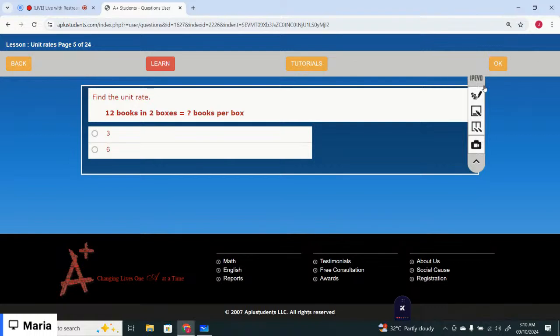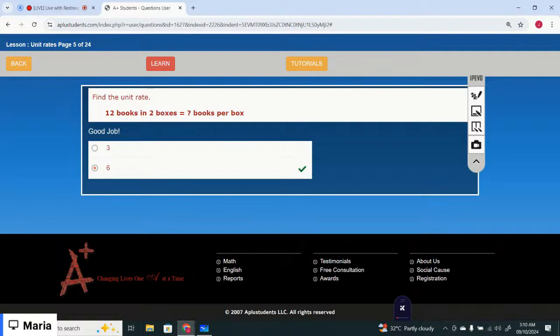That is 6 books per box. Option number 2 is the correct option.